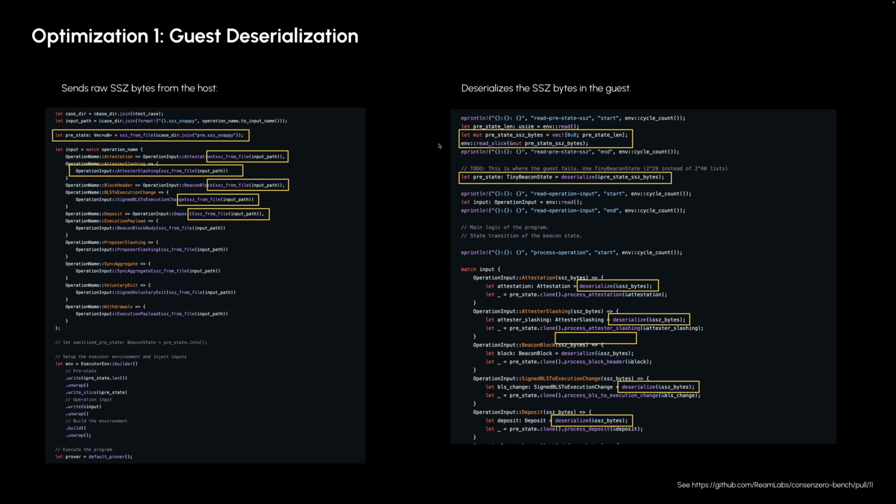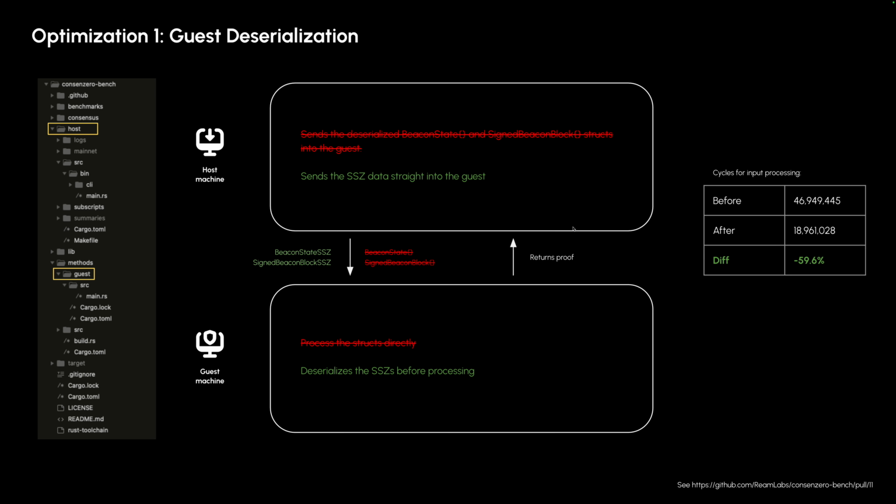Instead of that, we changed it to deserialize inside the guest. On the left here we have the host. We just send the SSZ bytes into the zkVM, and inside the zkVM we take the bytes and deserialize them before we process them.